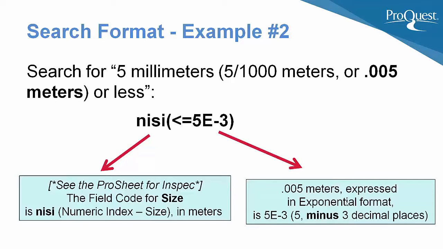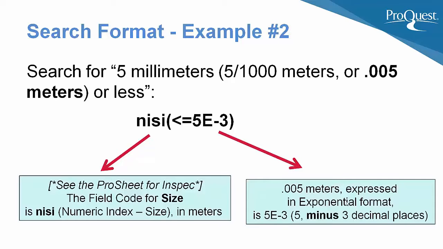Now, bear in mind that sometimes you want to search on a smaller rather than a greater level of magnitude from the field's basic unit of measure. So, for example, if we were searching on size, which is measured in meters, what if instead of kilometers going bigger than a meter, we wanted to look for smaller units like a millimeter? Well, how do you do that?